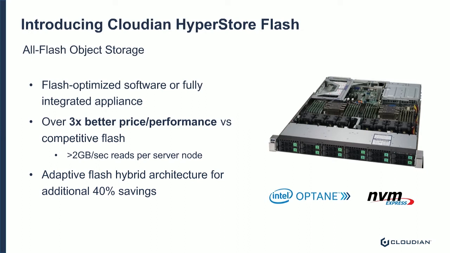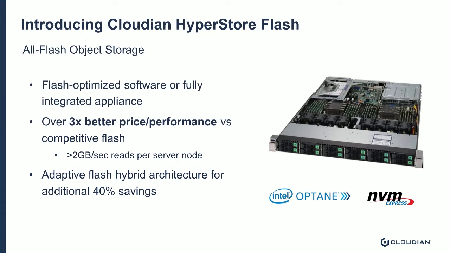One is we have a flash-optimized software stack with a fully integrated appliance. We are delivering 3x better price per performance, and that is what I meant by dollar per gigabyte per second, versus any competitive flash object storage solutions. And what I mean by that is, again, it's not just the raw speed, right?